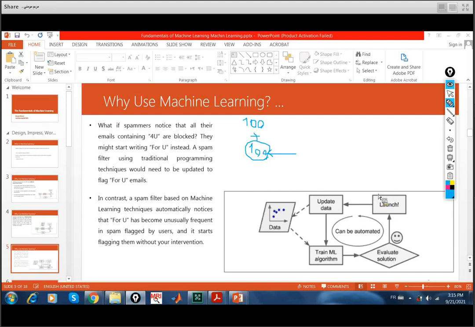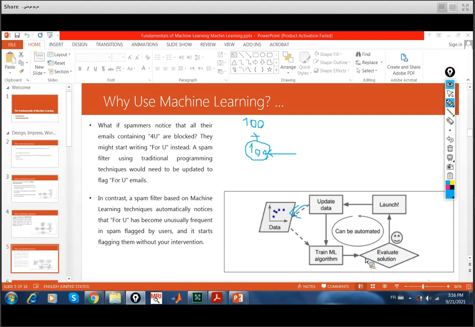Then our diagram is updated again. If we have data, using the data our machine learning algorithm trains, and if we update the data, we are not worried about it, because the machine learning algorithm can evaluate and update itself automatically.